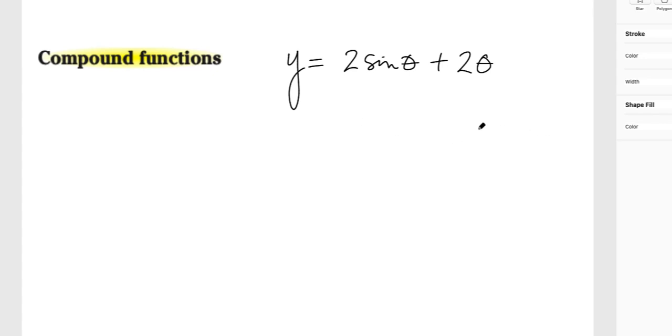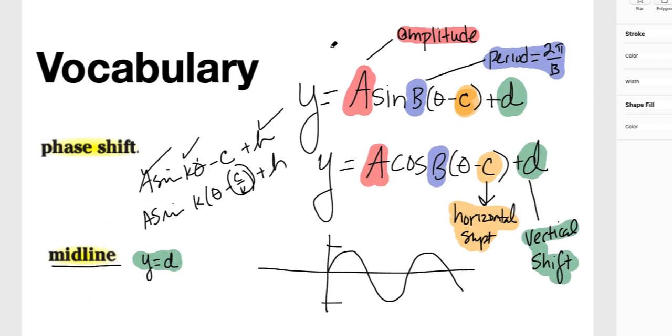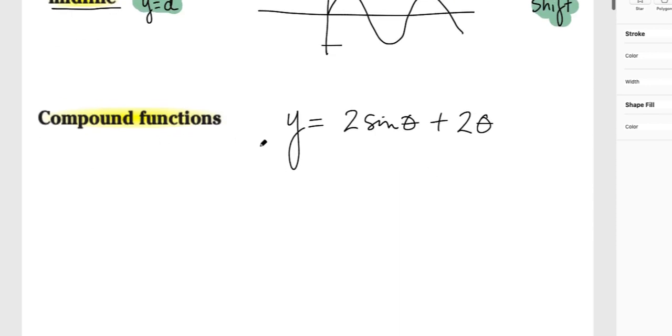I'm going to play around a little bit with Desmos with these particular examples, but with these up here, I want you to graph these by hand. The compound functions where you've got a trigonometric function and a linear function, akin to 2x, we're going to try by hand, but largely graph with Desmos. So with that in mind, let's get started with some examples.